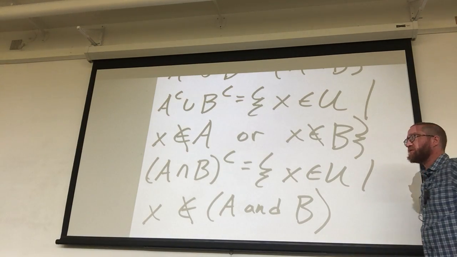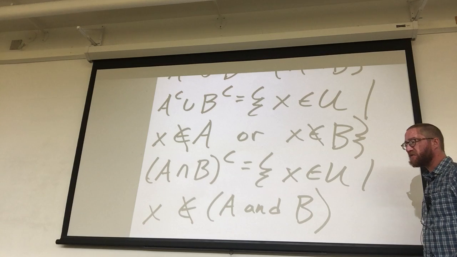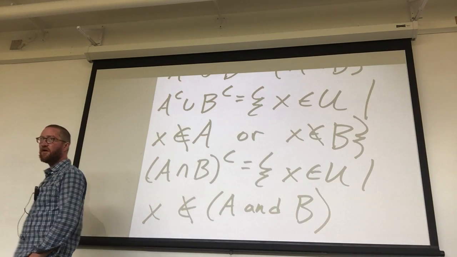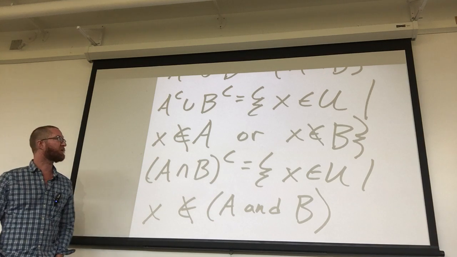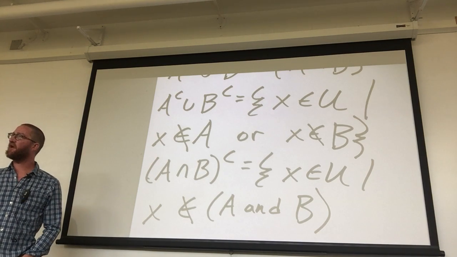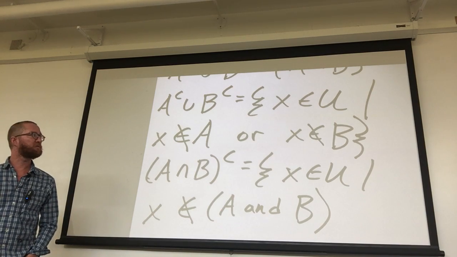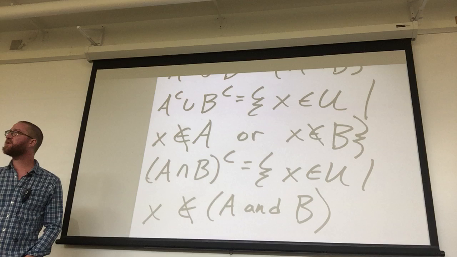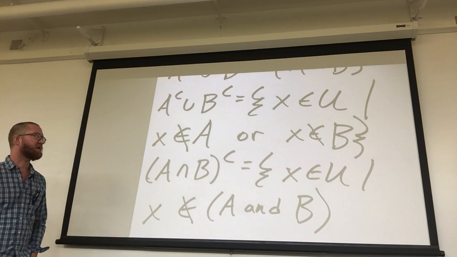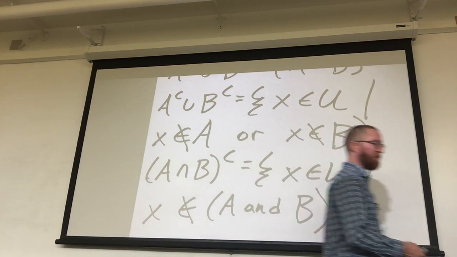So if I was going to say X is not in A and B, you can basically say X is not in the intersection of A and B, okay? If you look at the first one, you can say X is not in A, or X is not in B. Okay, that takes a little bit more of a logical process to go through, rather than saying X is not within the intersection of A and B.